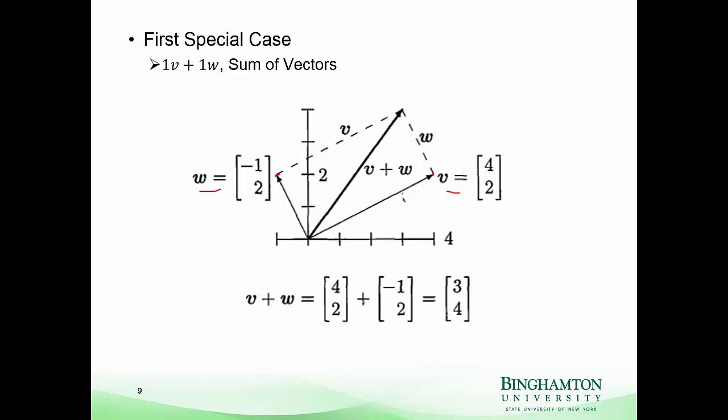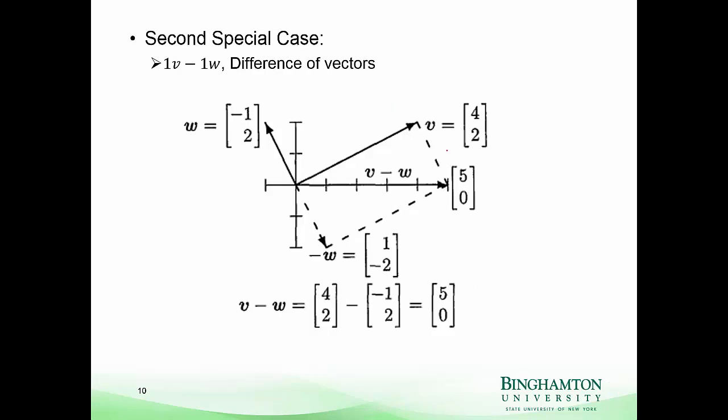And if we look at the first special case where both coefficients are 1, we get the sum. And so here is our vector out to this point. That's just v plus w. And if you do that numerically, you'll see that the result is 3, 4, and that's consistent with the position of that dot that came using the parallelogram rule.